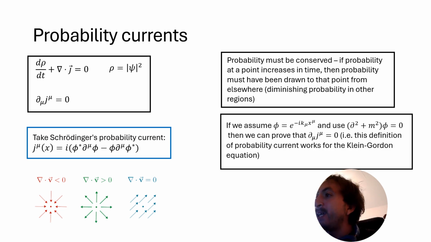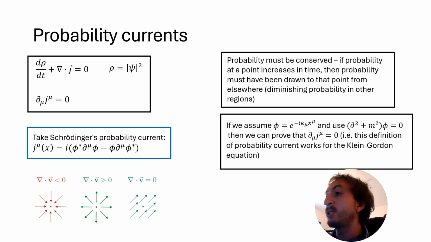And indeed, if you take your Klein Gordon equation to have the form of a plane wave, this isn't really just extending Schrodinger's equation to relativistic quantum mechanics. Although plane waves are allowed by Schrodinger's equation, we saw that plane waves, particularly those associated with light, are a valid solution to the Klein Gordon equation, at least for m equals 0.